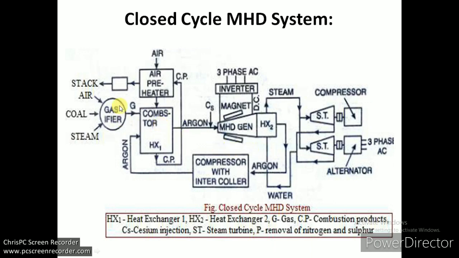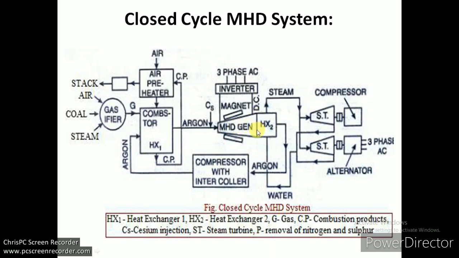Here you can see the gasifier, where air and coal are used in the combustion chamber, and with the help of a heat exchanger we increase the temperature of the inert gases. The high temperature inert gases go to the MHD box, the power generating box, and in between we dope cesium or potassium to increase the electrical conductivity of the ionized gases, so that power generation can be enhanced.